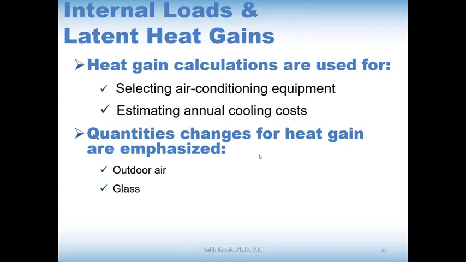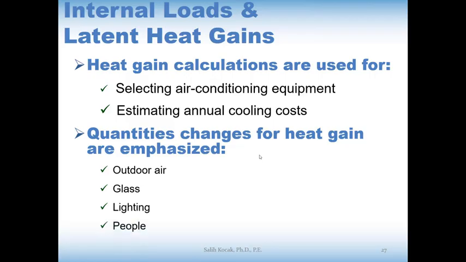If there are skylights, we enter them as horizontal glass. For the lighting, we enter the total watts of lighting that will be operating at peak heat gain time. This is important. We have to calculate them at peak heat gain time, because it is like night time, not during the daytime, when we are not using lighting equipment. Be careful with that one.